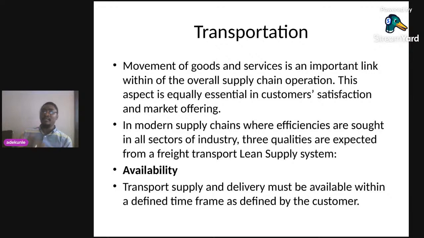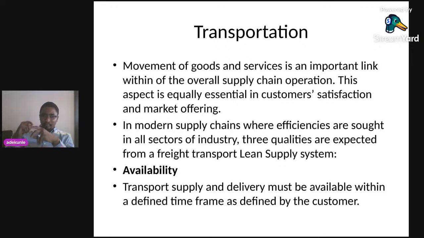Of course, they will look at one other important activity, apart from procurement and sourcing, which is transportation. Transportation essentially deals with the movement of goods and service from one point to another. And of course, transportation of goods provides an important link between different components or functions of the supply chain operations.